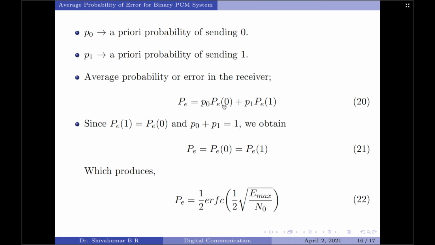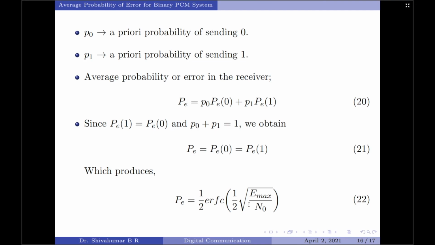So, noting that PE of 0 is equal to PE of 1, the final expression for the average probability of error is reduced to PE equals PE of 0 equals PE of 1. So, we can now finally write an expression for the average probability of error for a binary PCM system as 1 by 2 into ERFC of 1 by 2 into square root of E max by N0. This is the final expression.